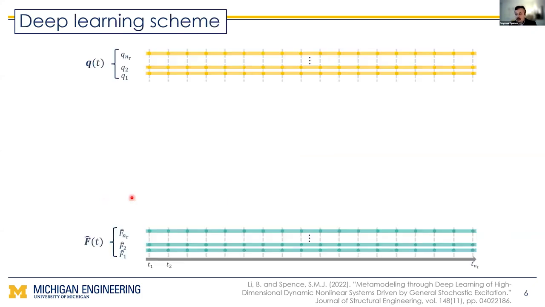At this point, if one uses a Galerkin projection to define, using the same basis functions, the reduced input, you've got some reduced input and some reduced output.